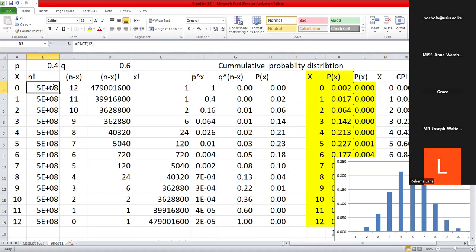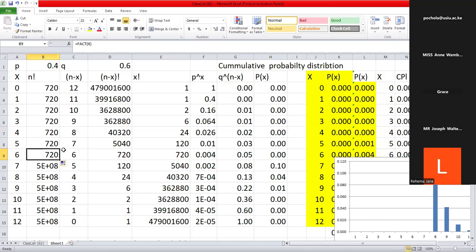Then of course N now is not 12. Don't copy this, I want to show you, because just leave the other one, I'll undo this. So N is 6 now. So if N is 6, I go 0, 1, 2, 3, up to 6. N minus X, of course, is 6 minus 0 all the way.